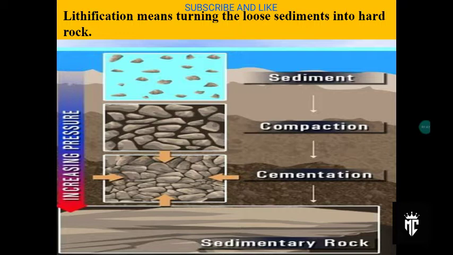In this process, the sediments after piling up are gradually squeezed by the weight of the overlying layers. The topmost layer squeezes the lowermost layer and hardens the underlying layers.